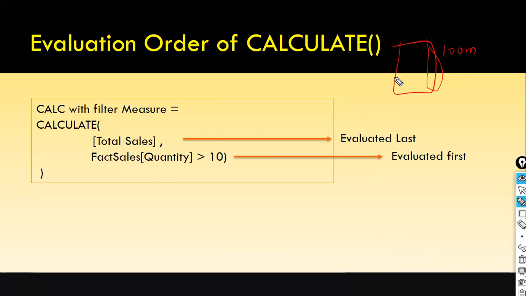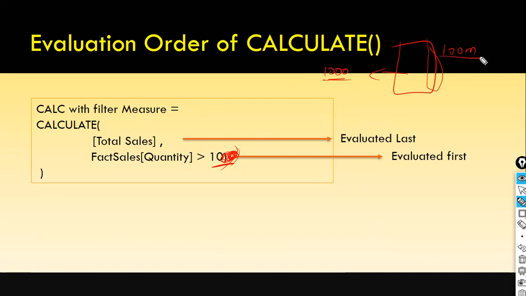First, what you do is find out, listen, in this case 10, let's assume that quantity is 1,000. So I want to know the total sales for the transactions where we sold more than 100 quantity. So more than 100 quantity out of 100 million records, right? Let's say hypothetically, you have only 1,000 records.